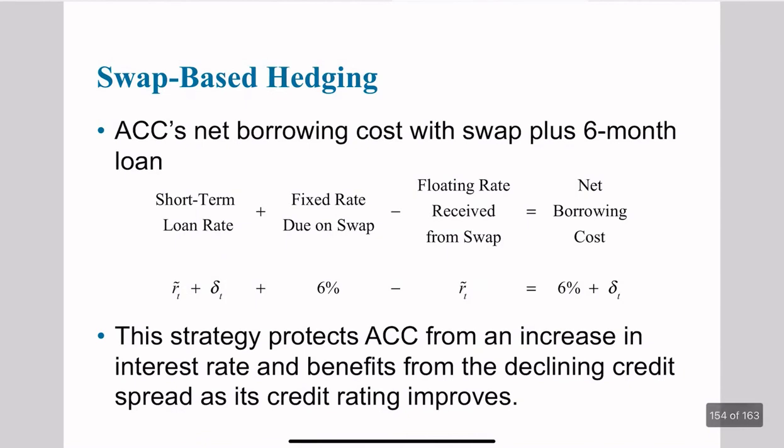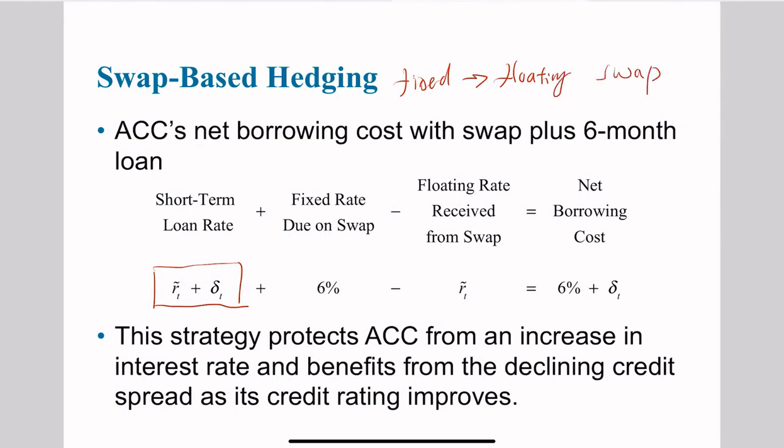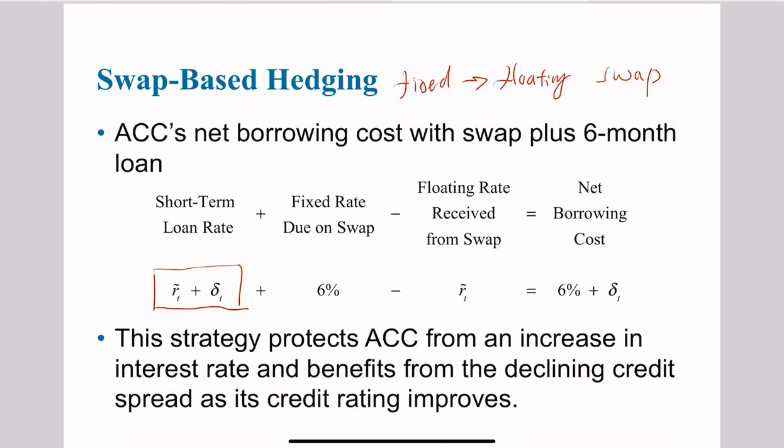So before entering into this interest rate swap, the firm was paying this interest rate, right? The market interest rate R_T plus the credit spread delta_T. And now the firm enters into this fixed to floating swap. So in this case, the firm will have to pay this 6% fixed rate.